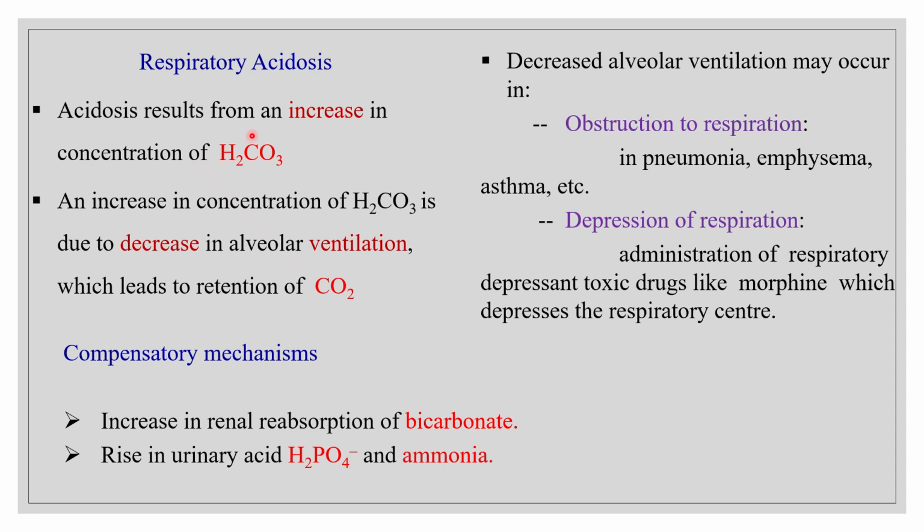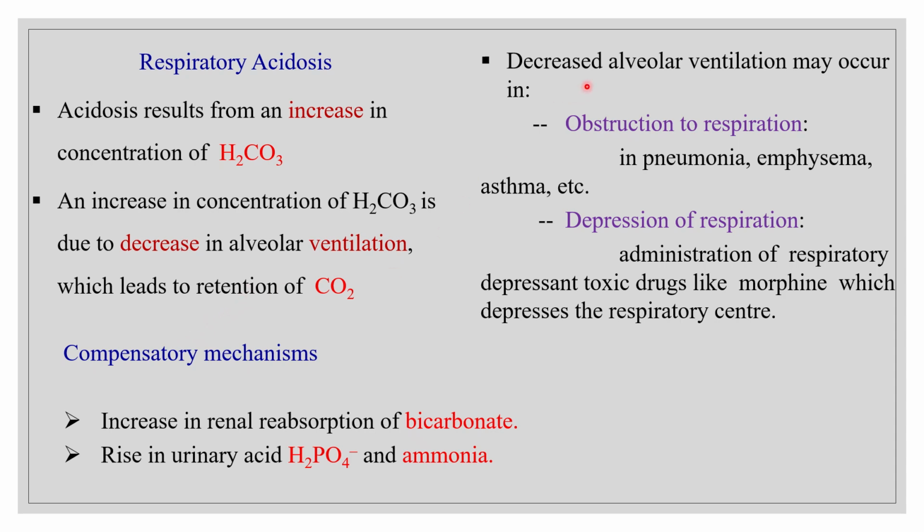So respiratory acidosis is from an increase in the concentration of carbonic acid, due to the decrease in alveolar ventilation, which leads to retention of carbon dioxide. That means there is a decrease in the functional capacity of the lungs.